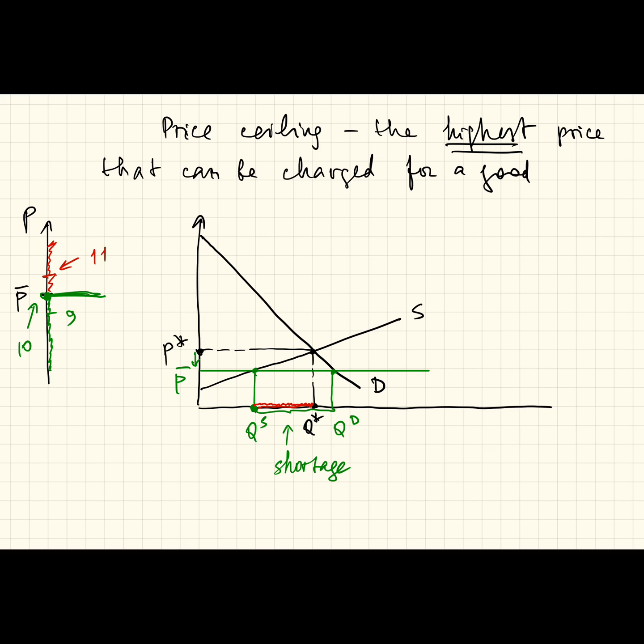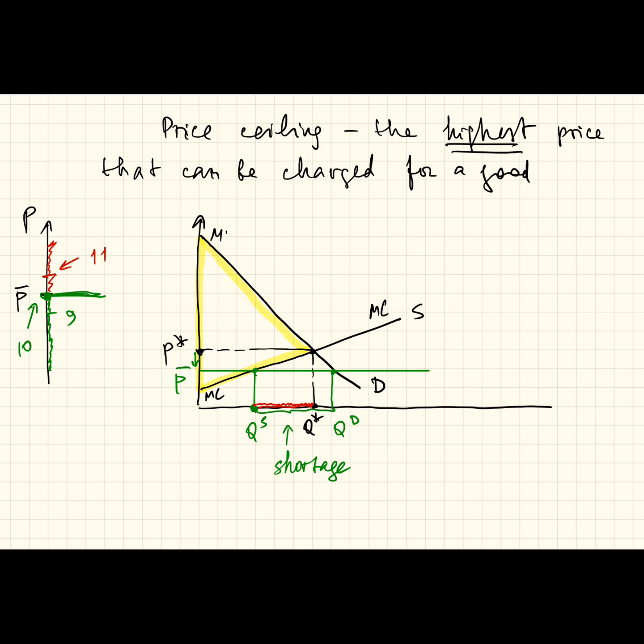Hopefully you recall that if such a thing happens, then we have a deadweight loss, right? Because the overall total surplus could be as large as this much. But to capture this total surplus, we need to produce all units for which marginal benefit exceeds marginal cost. Remember, this is the marginal cost curve.